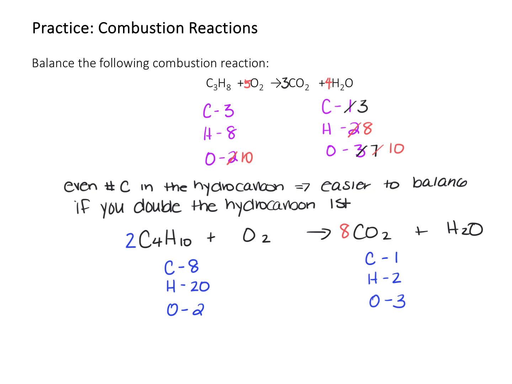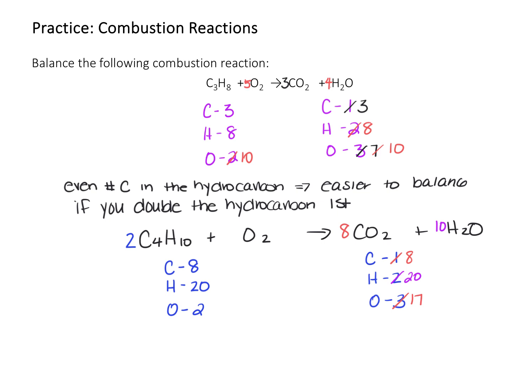I'm going to look at what that does to my oxygens. 8 times 2 is 16, plus 1 is 17. So that makes that 17, and these 8. Now I'm going to balance my hydrogens. I have 20 hydrogens here and 2 here. The way that I can balance that is to put a 10 here. 10 times 2 gives me 20. So now those are balanced.